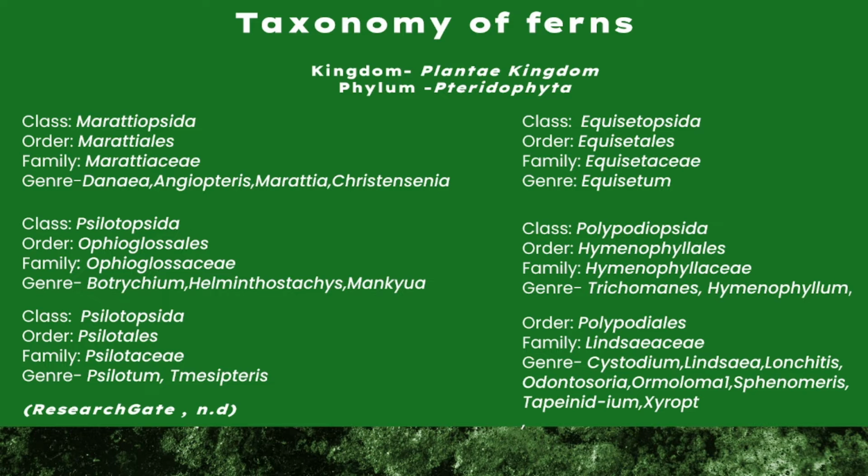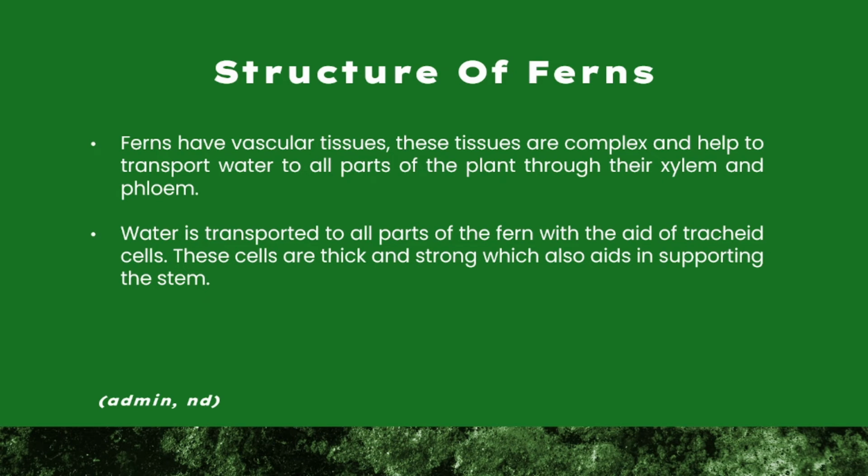Now I'd like to move on to the structure of ferns. The structure tells us many things about this plant, for example how it receives water, its shape, and so on.